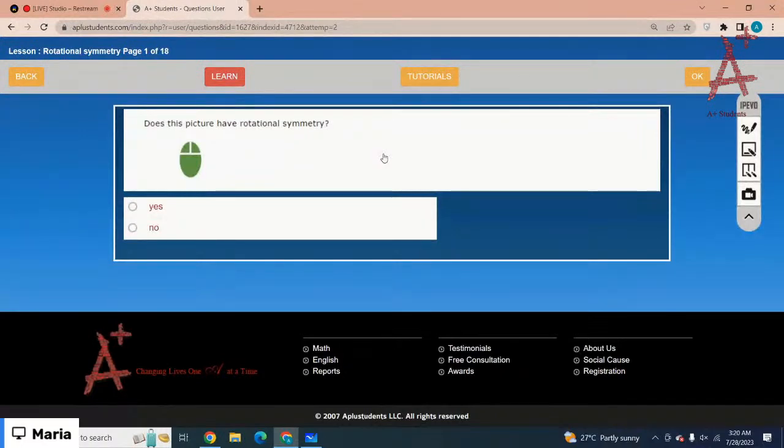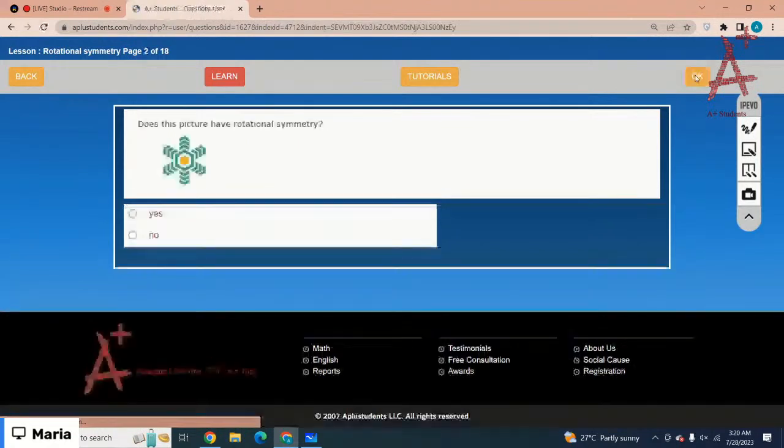Does the picture have rotational symmetry? The correct option is no. If you rotate the image along half or one fourth, it will not be the same. So the correct option is no.